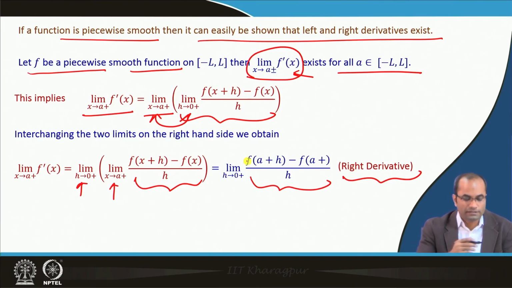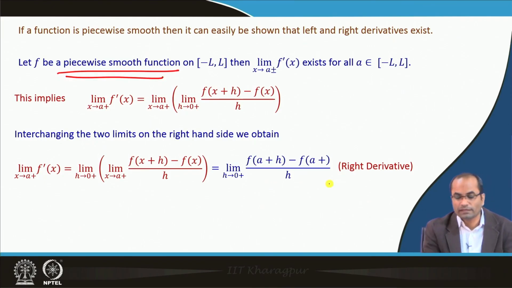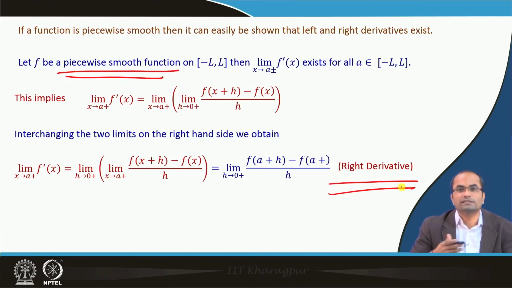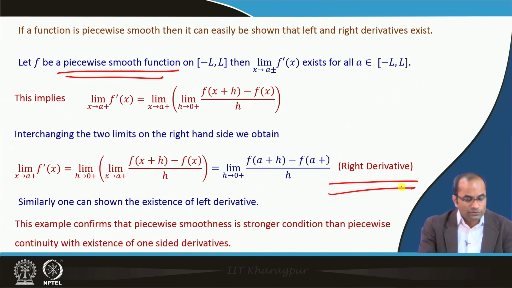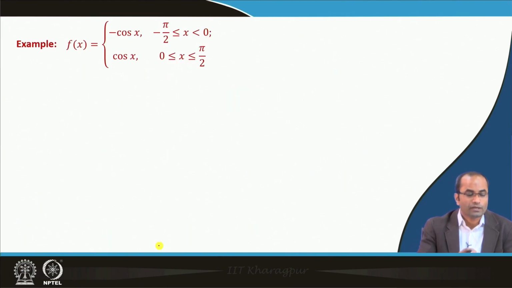So, if the function is piecewise smooth, then the right derivative exists, and similarly we can show that the left derivative also exists. So, what we have seen in this example confirms that piecewise smoothness is stronger than piecewise continuity with existence of one sided derivatives.